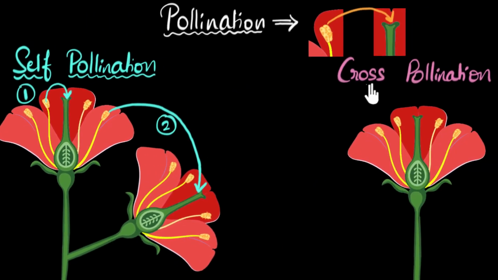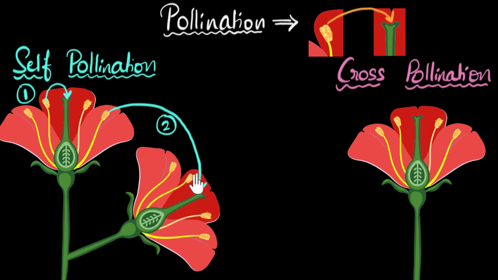On the other hand, what do you think cross-pollination is? Can you guess? Well, cross-pollination is the transfer of pollen grains from one flower to a flower of a different plant or a different tree.